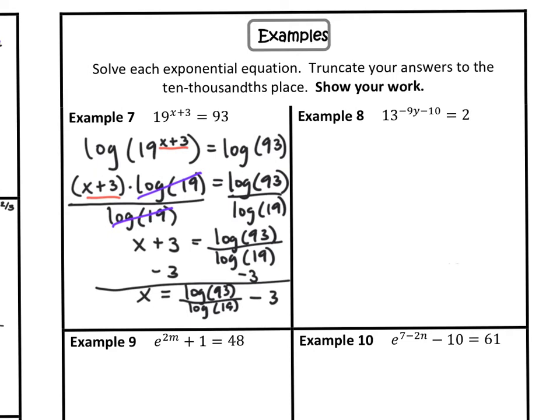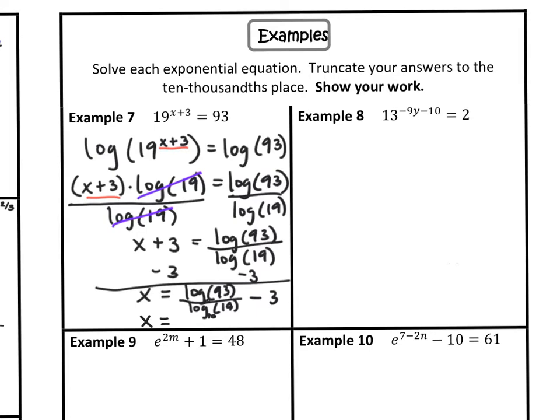So that's my answer, but what I want you to do is type it in the link that I provided you on Blackboard. Go to that calculator and type it out and see if you get the same answer. But make sure that you type it in with a log base of 10.